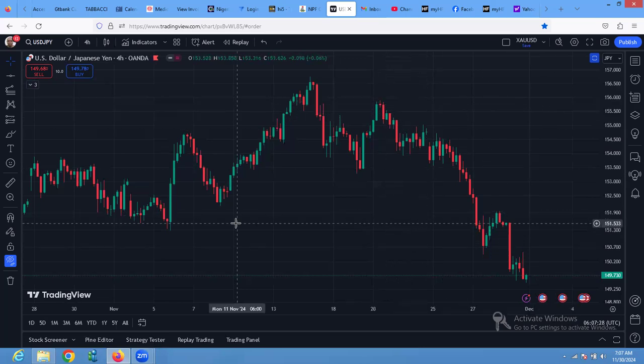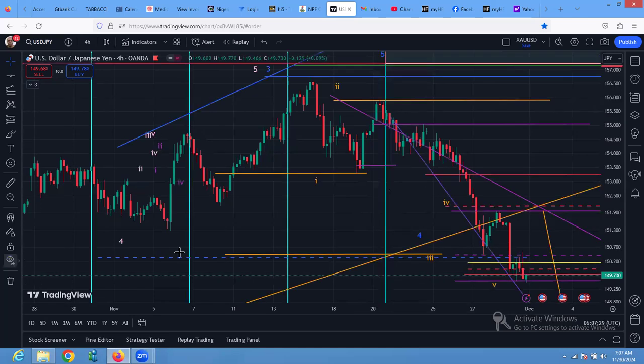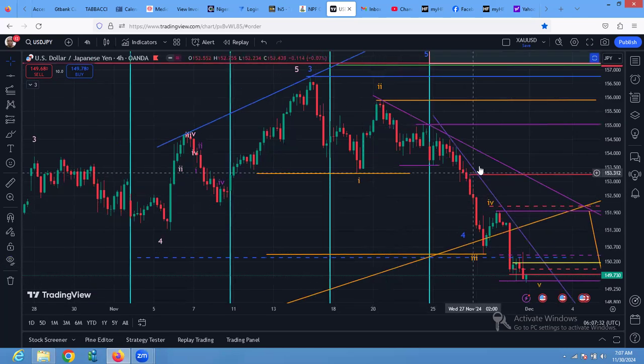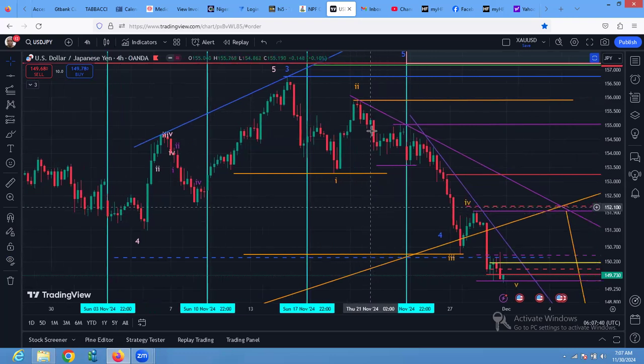So once we break the trend line or trend resistance, this trend resistance in the purple must be taken before you say, okay, maybe it won't have to be taken because we are connecting these and these. The first thing is that we are looking at the internal structure of wave 3 itself right from this point.